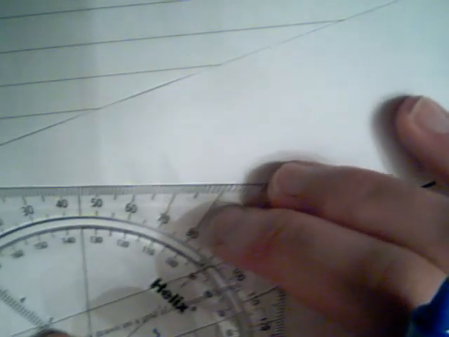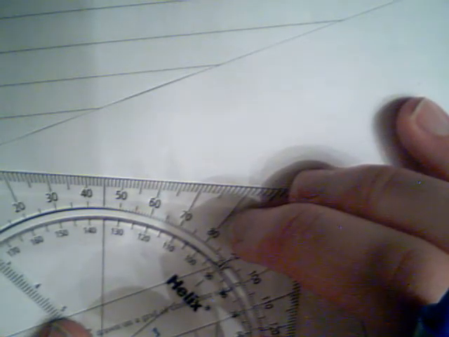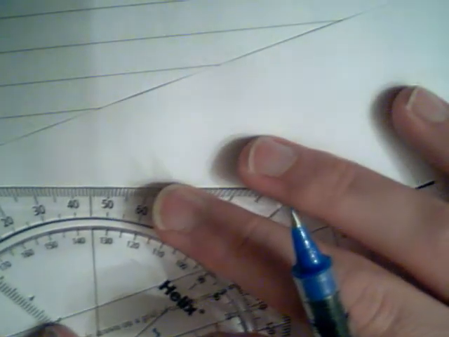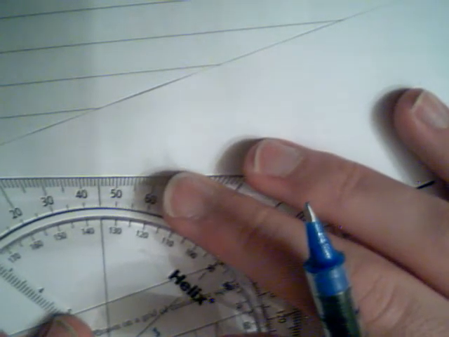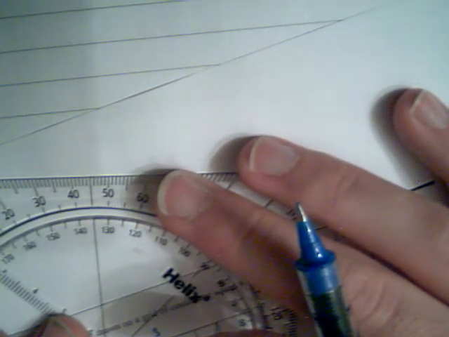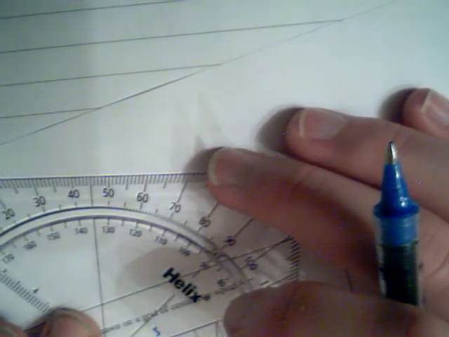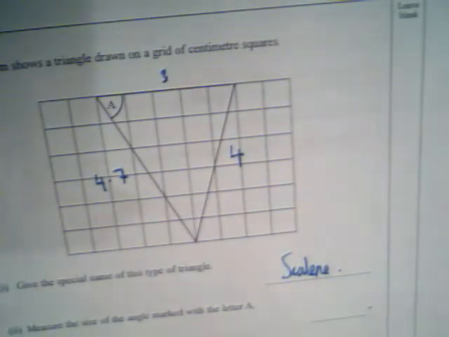We bring this here, line it up effectively here, and we see that the angle is approximately 63 degrees. Sorry, I didn't realise you couldn't see that. So this angle here is approximately 63 degrees.